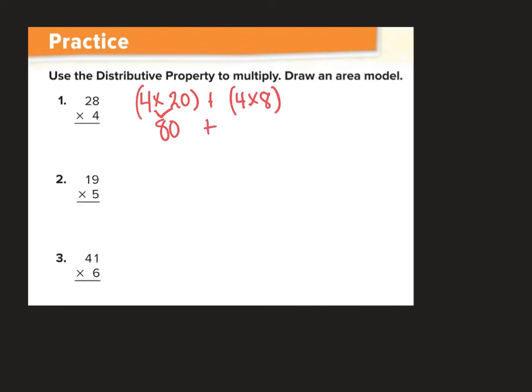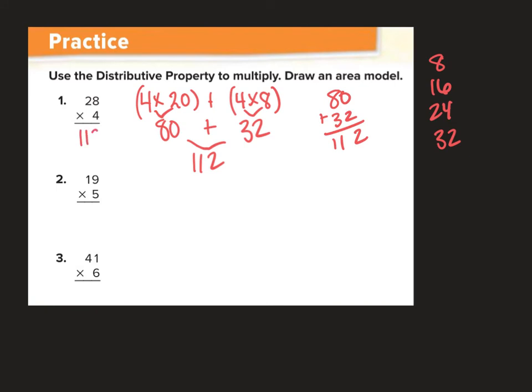Plus, right below, 4 times 8. 8, 16, 24, 32. That's 32. 80 plus 32 is 112. So our answer here is 112.